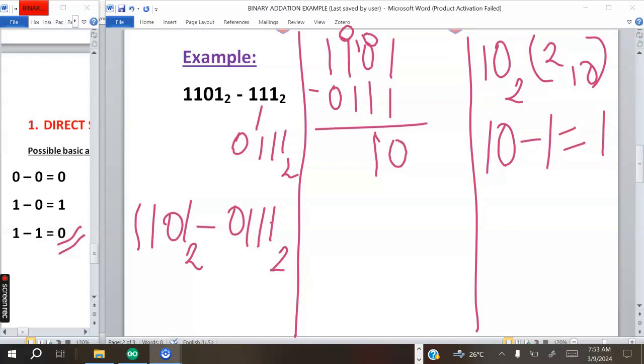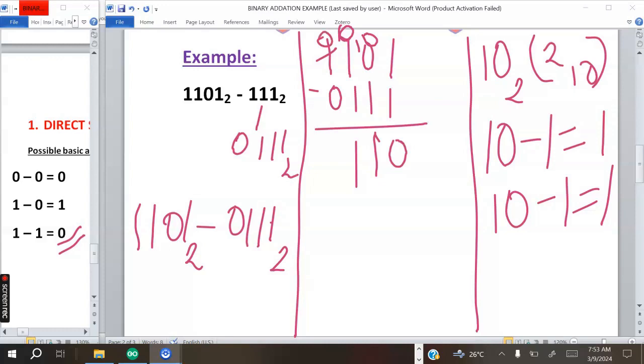If the new value there is 0, it means that we borrow, we carry the 1 from the next digit, so we have 1, 0 minus 1, which will give us 1. So we'll have another 1 here, meaning that after we borrowed the 1, we remained with 0.